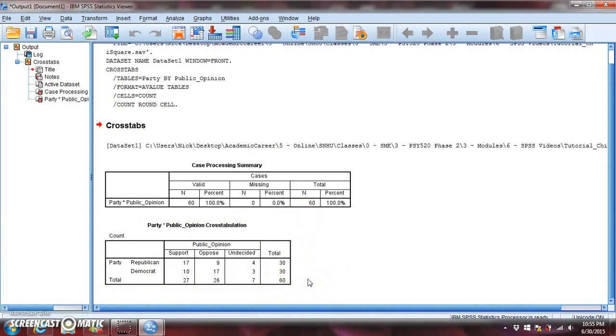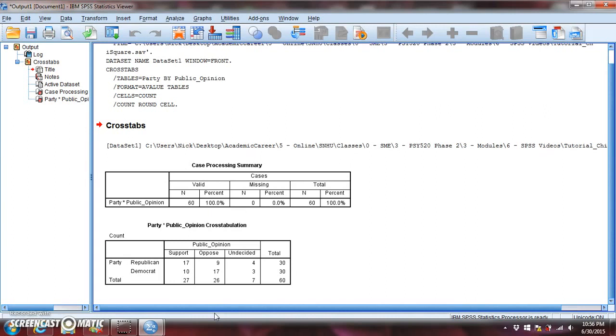So we can just take a look right here and get a sense for how public opinion differed by political party. We can see that for Republicans, 17 supported, 9 opposed, and 4 were undecided, whereas for Democrats, you had 10 support, 17 opposed, and 3 undecided. So clearly there's a difference. In the case of Republicans, more of them supported it than opposed, whereas in the case of Democrats, that was actually reversed.